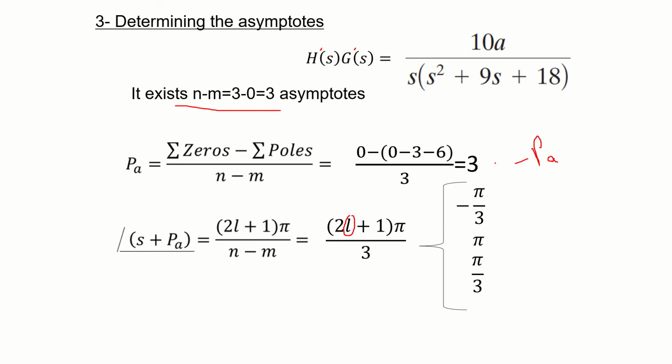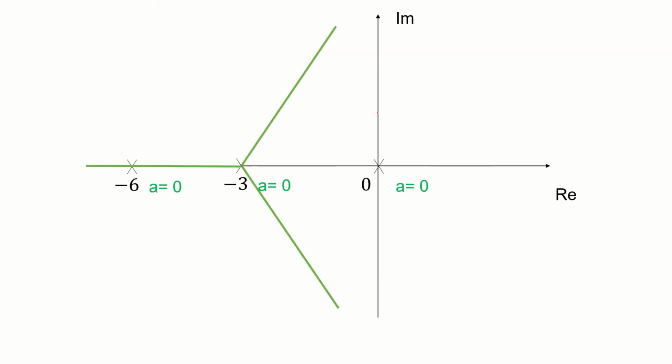Let's repeat that minus PA, which is equal to -3, should always be a real number. If it's not a real number, it means that there is something wrong in our calculation. So let's put the 3 asymptotes. This is minus PA, or -3 here. This is the first asymptote with an angle of pi over 3.